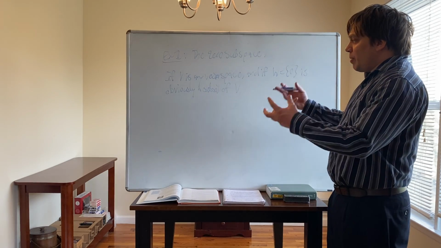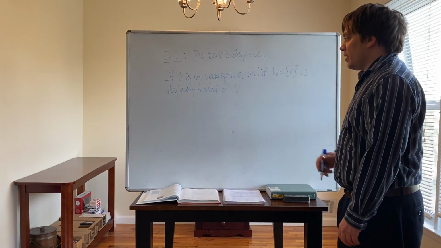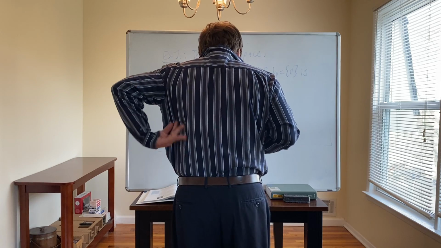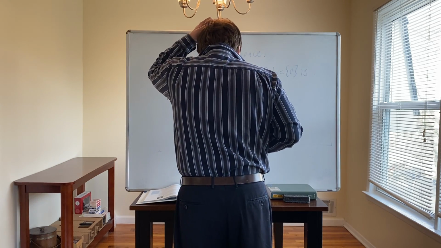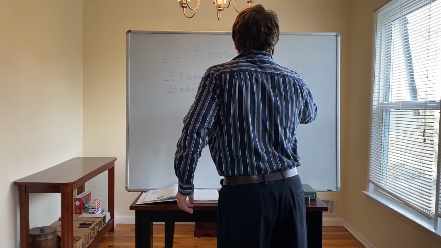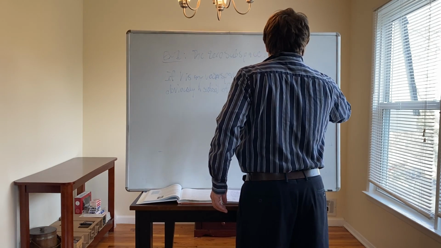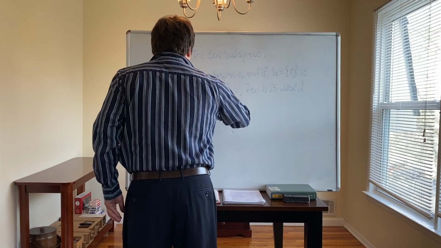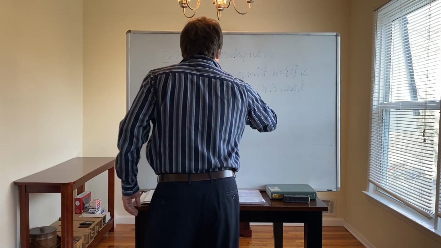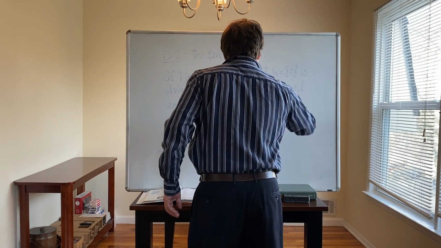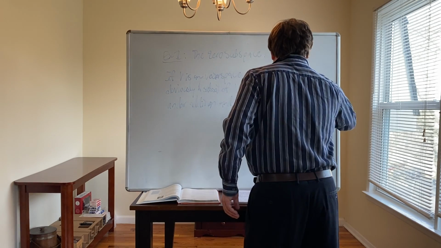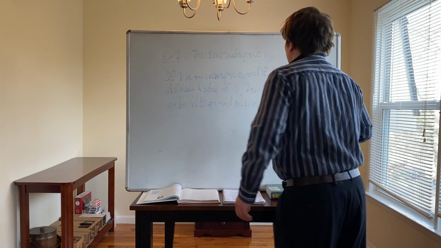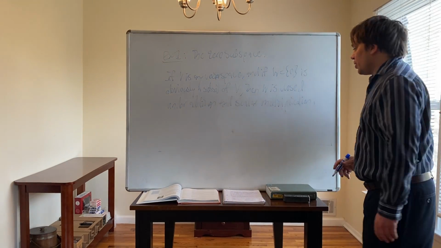So we have a vector space V and this subset W of V. Then W is closed under addition and scalar multiplication.